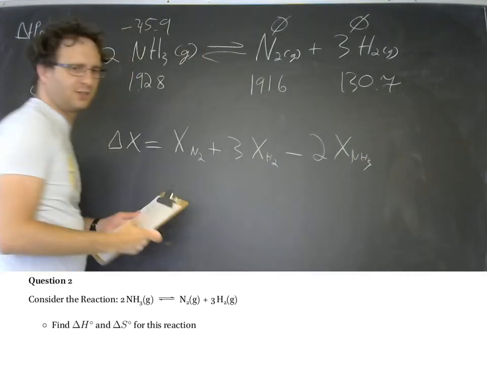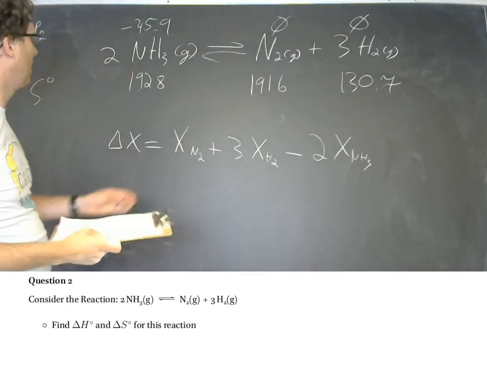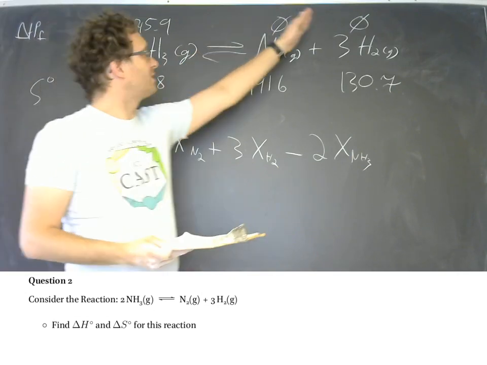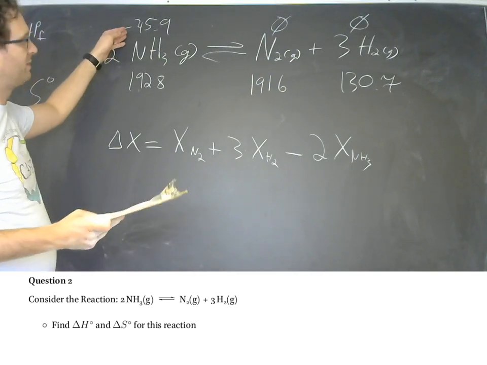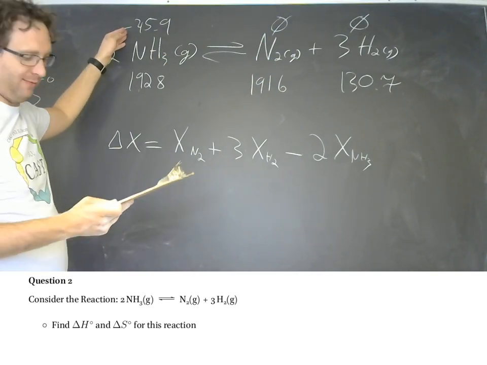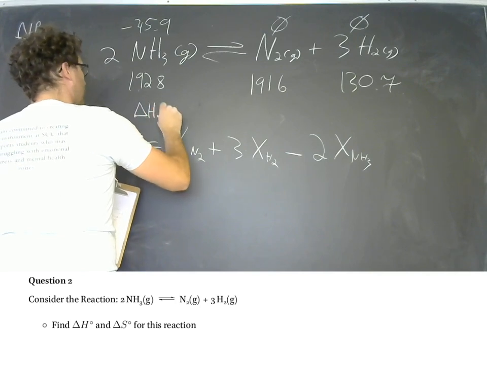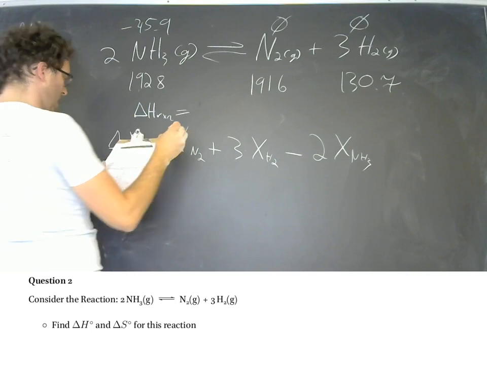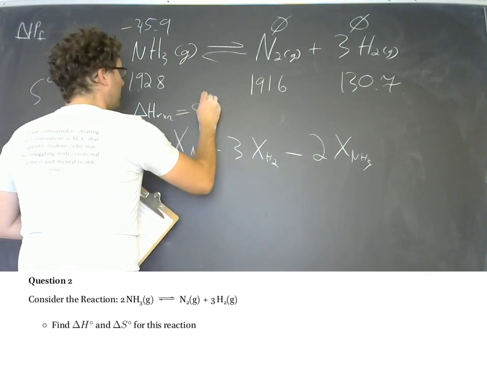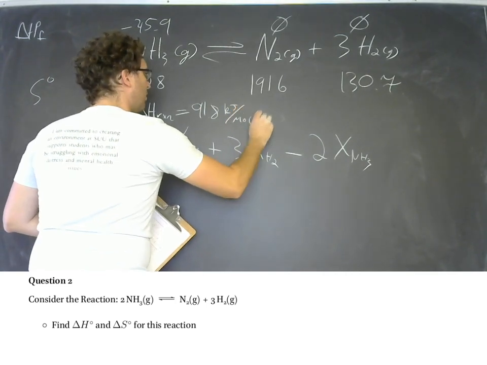In other words, for the enthalpy of reaction, we would take 0 plus 3 times 0 minus 2 times negative 45.9. And that gives us a delta H of reaction equal to a positive 91.8 kilojoules per mole.